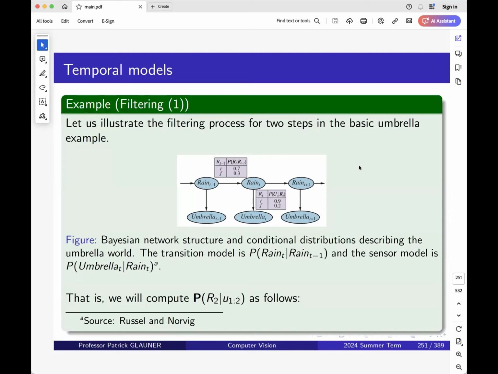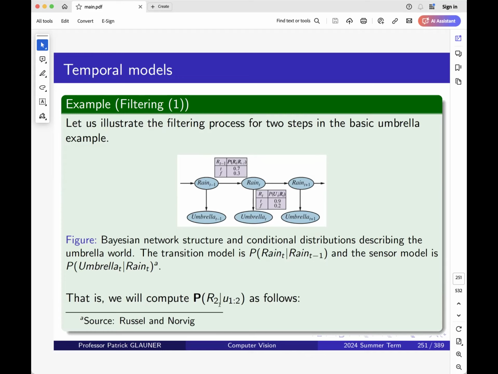We'll now look at our example, and what you need to bear in mind is this table here, which again shows our graphical model. We see our new state depends on the past state, and the sensor model is this one here, where whether we see an umbrella depends on rain, with the same transition tables as before.